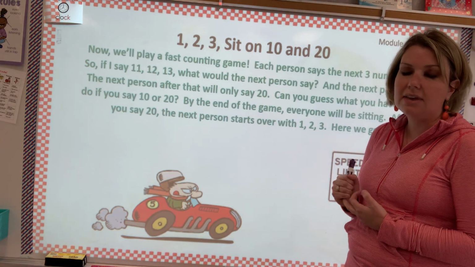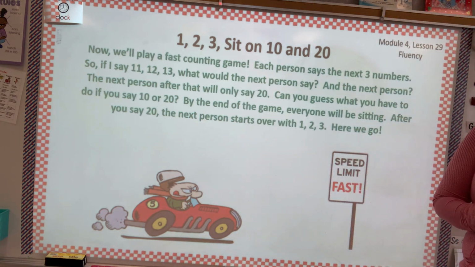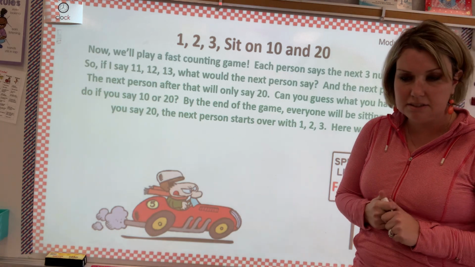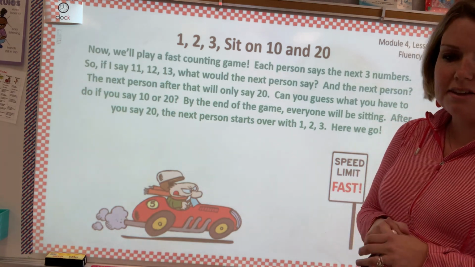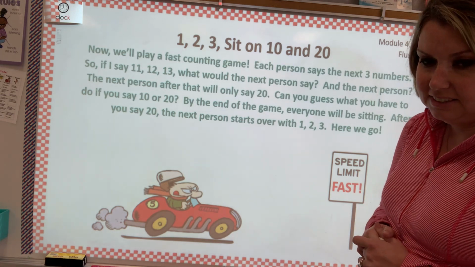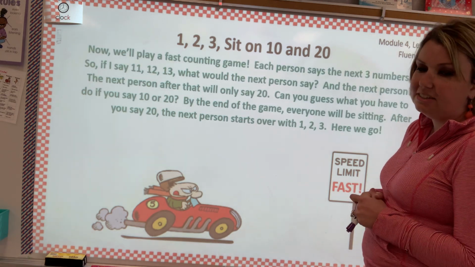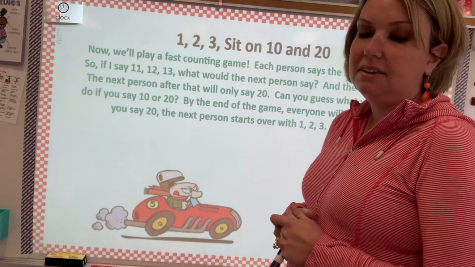Okay, I think you had to sit down. Count after 6. 7, 8, 9. Okay, Estelle? 10, 11, 12. 10. So Estelle's got to sit down. DJ, start at 11.